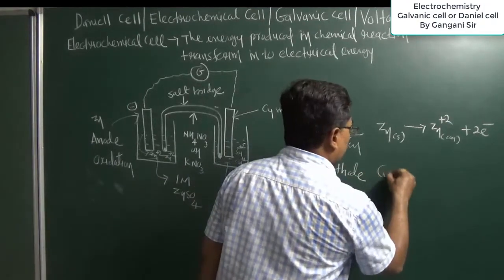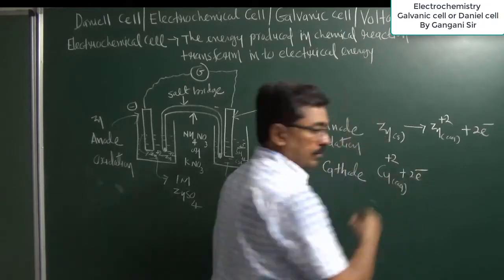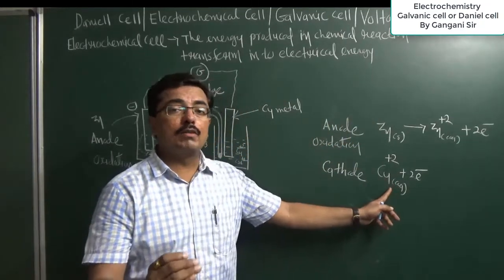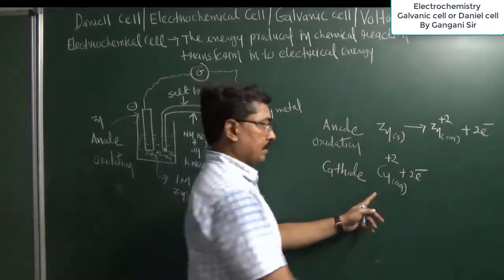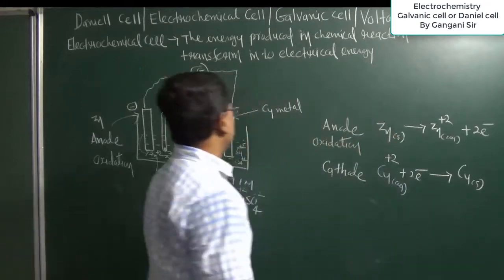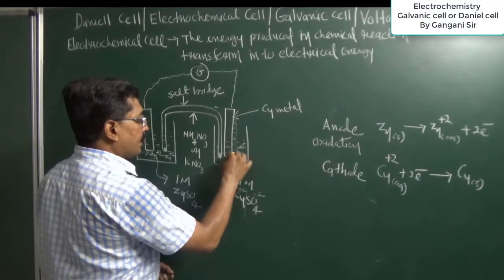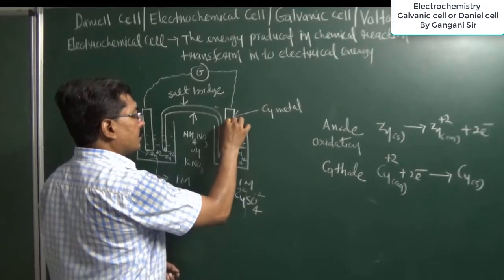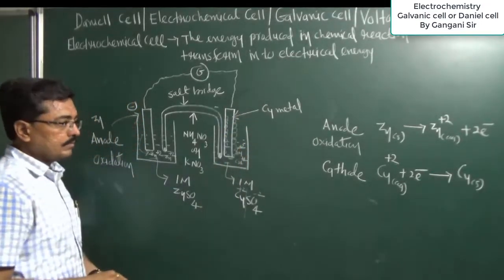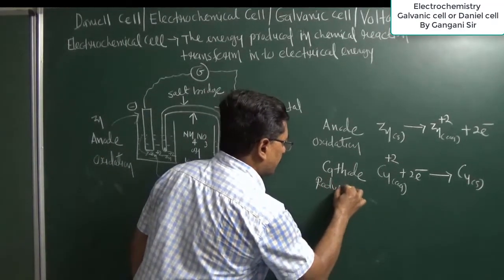So copper 2+ ion present in a solution will gain electron, and after gaining electron it will convert into copper metal. So here copper will start to deposit on this electrode. So slowly here copper metal will start to deposit on this electrode through a reduction. So this is known as reduction half cell.